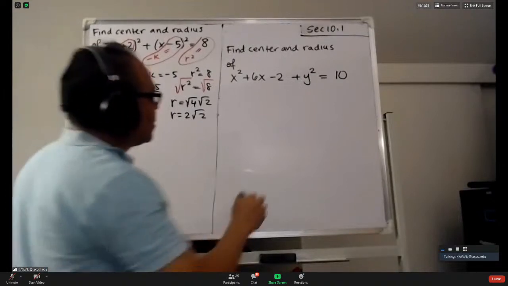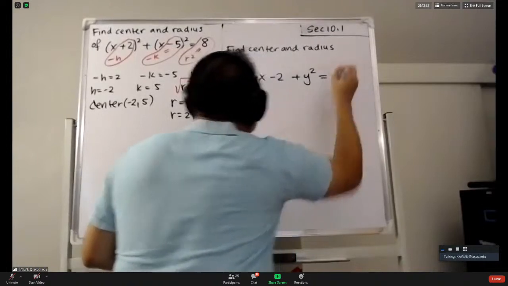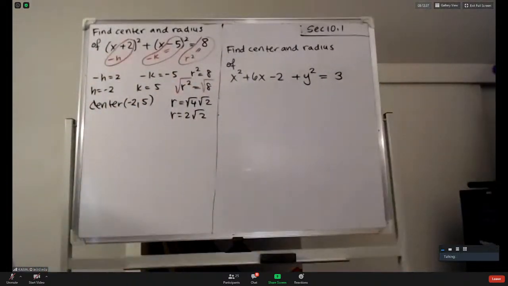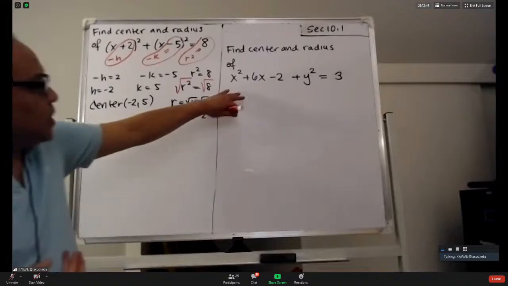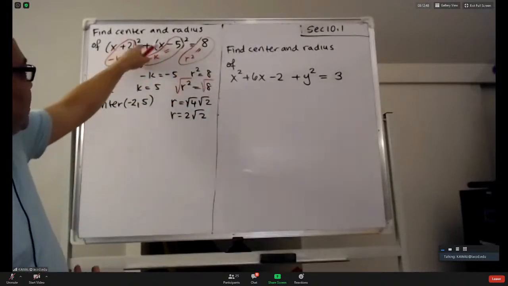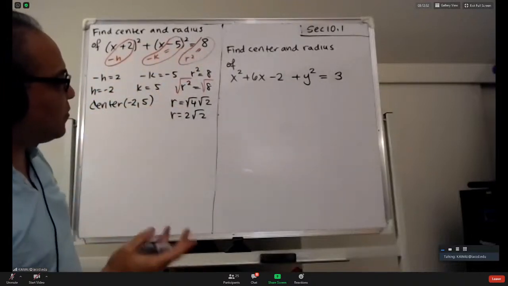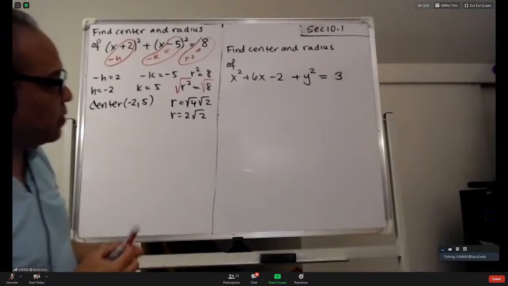Actually, let's make it smaller because I'm going to have to add some stuff to it. Let's make it 3. Okay. Now this sucks because this is not in this pretty form. See, I have a nice little square here and I have a nice little square there. So what I'm going to have to do is complete the square.